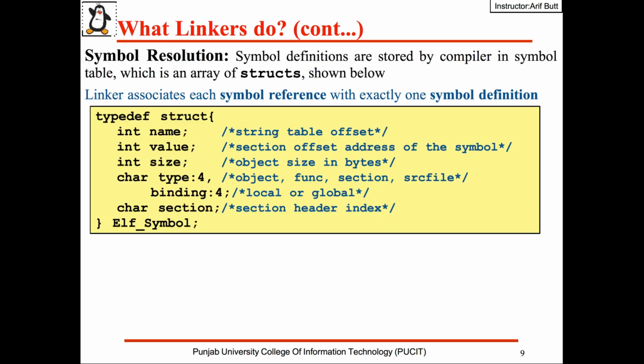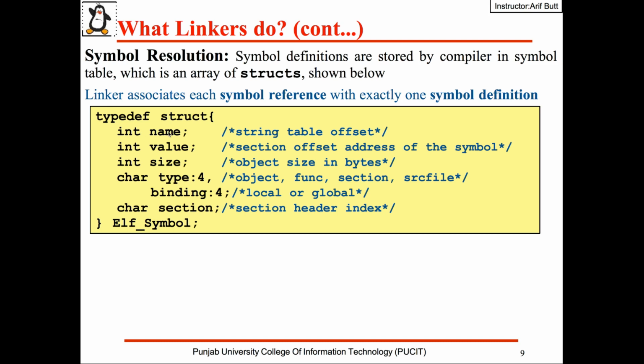This slide shows the structure of the ELF symbol that is used by the compiler to store a symbol definition. Actually, the symbol table is an array of these structs. Every symbol is stored in this struct.